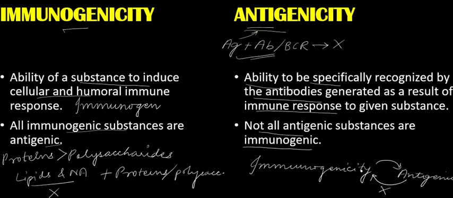For example, a hapten is an example of antigenicity. It has the property of antigenicity, but it lacks immunogenicity because it does not have the capability to induce an immune response.